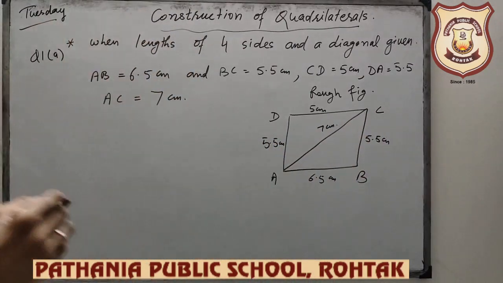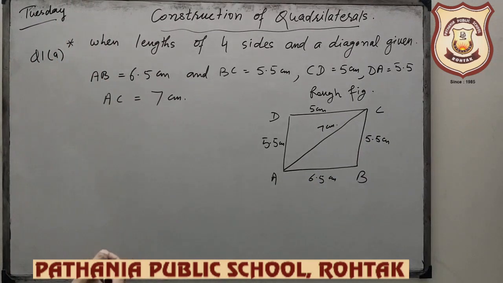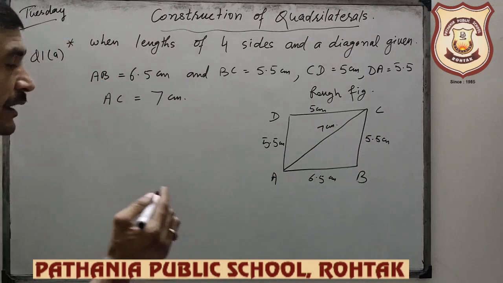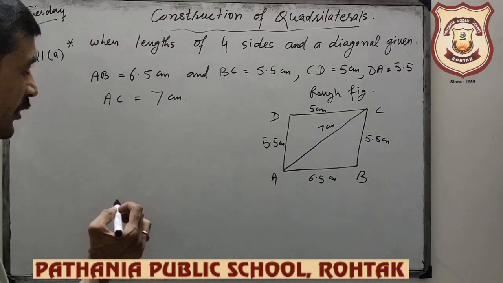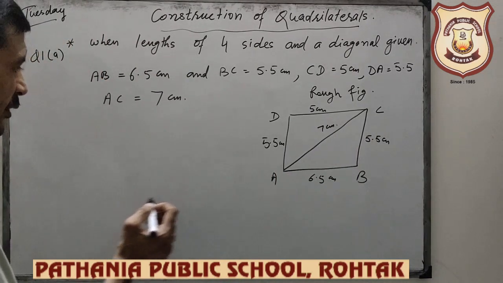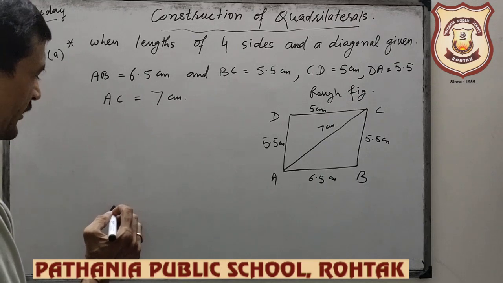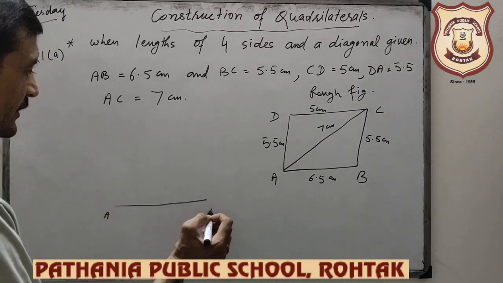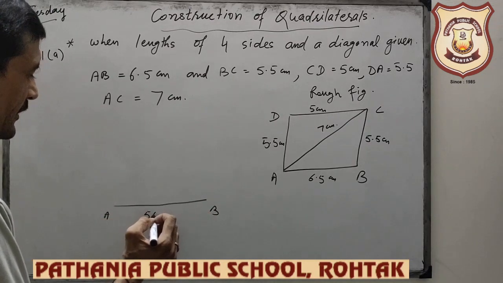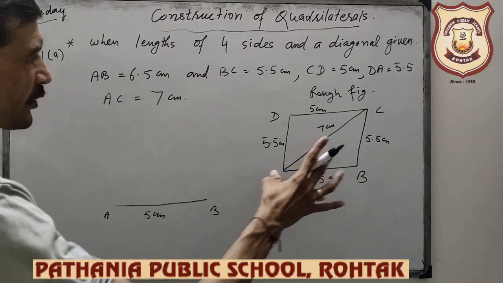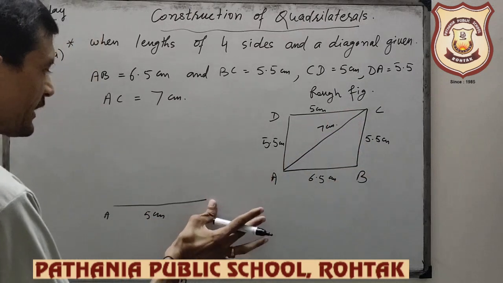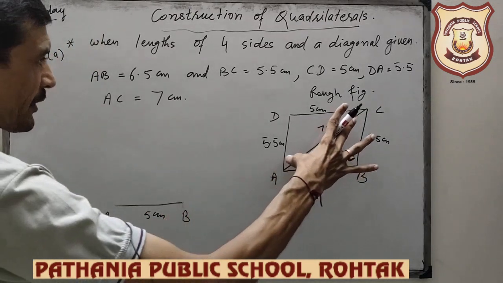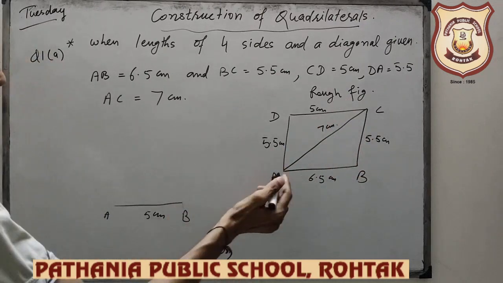So what you have to do, first of all take a scale and by measuring the length of 6.5 using the scale, don't draw just like that. No, measuring on the scale, draw a line segment AB and then open your compass. Now open your compass up to 7 centimeter.